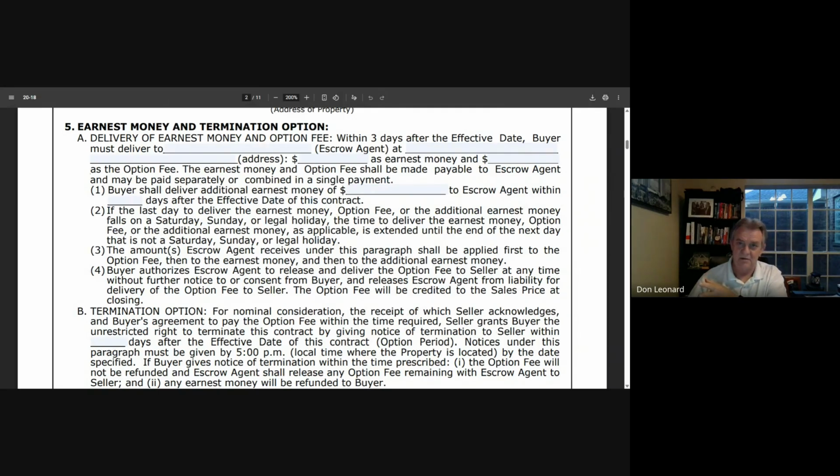Don't do that either, because that can create a situation. What happens if that closer leaves during the time of this contract? Is the contract supposed to follow them, or does it stay at the title company? It creates an issue. So just put the title company name. If you want to designate a closer, do it somewhere else.